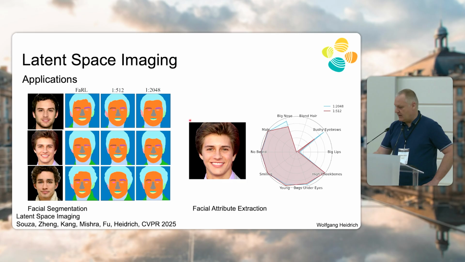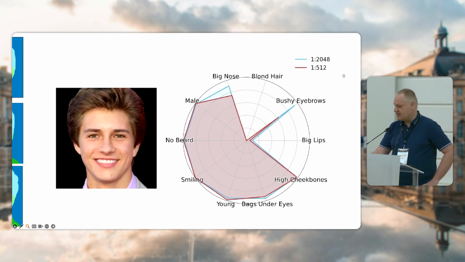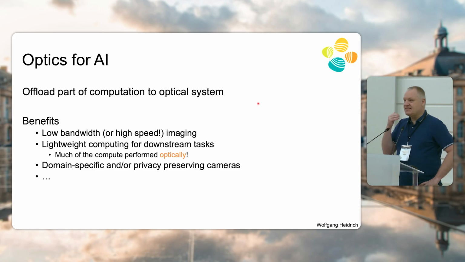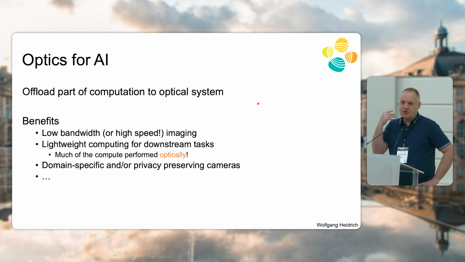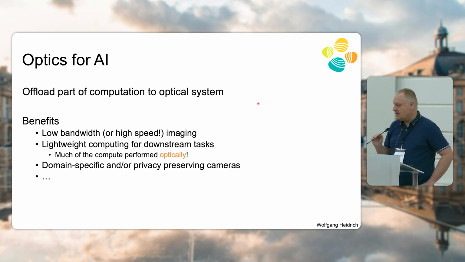And this is other results for compression ratios, right? Here the text labels are generated with the equivalent of, I think, 16 or 32 pixels. So basically that's the idea: we're talking about optics for AI. We want to offload computational costs into the optics domain, and typically that means just linear operators.